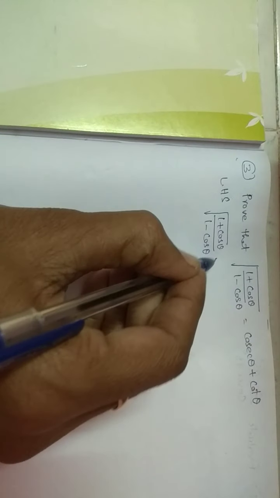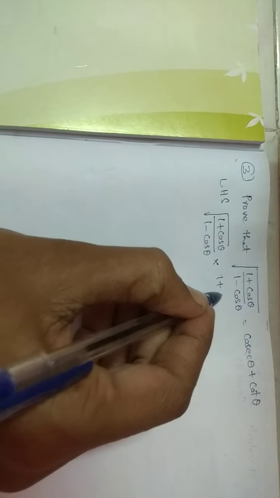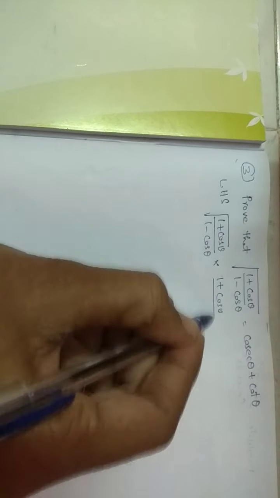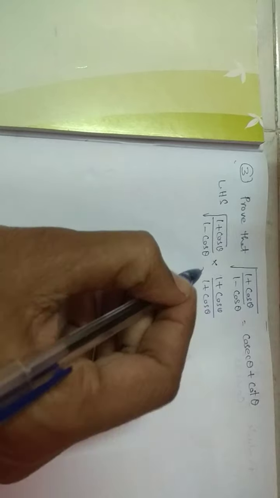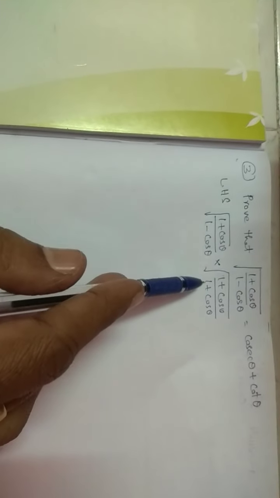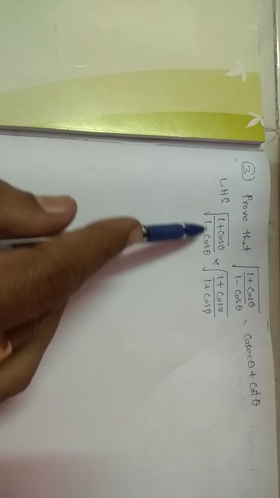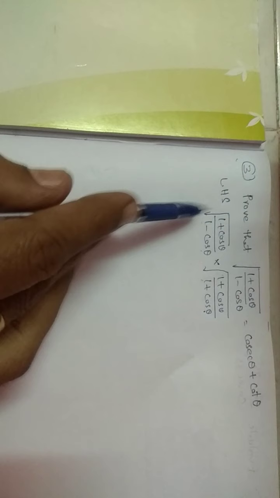So multiply by 1 plus cos theta by 1 plus cos theta within the root. Why are we multiplying by 1 plus cos theta? Because we rationalize the denominator, since it is in the root, so we can cancel that root.